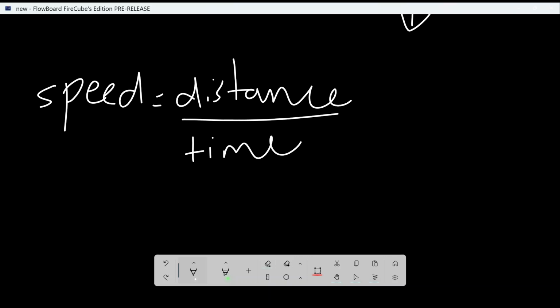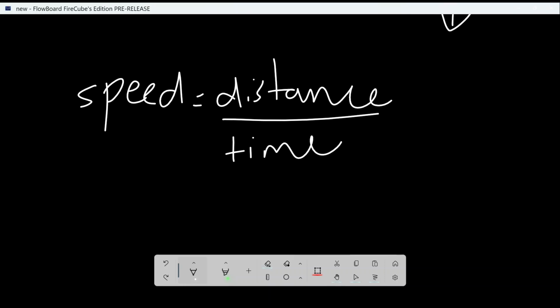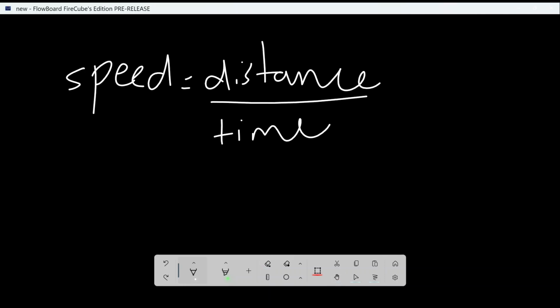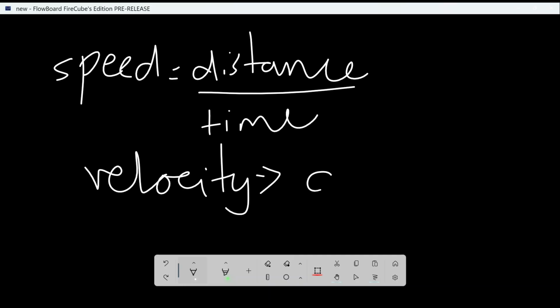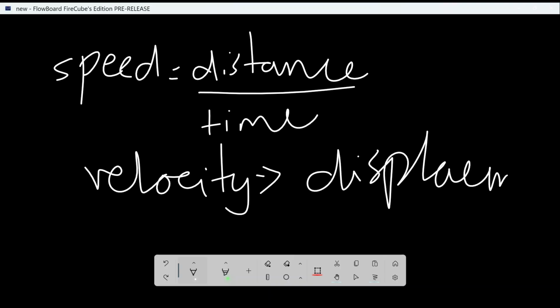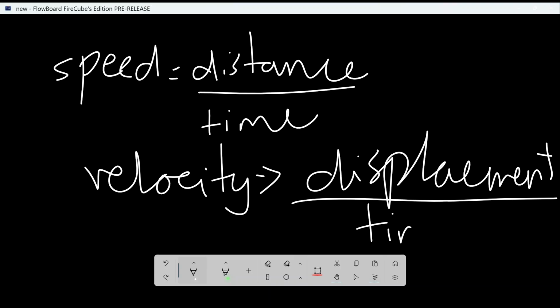Velocity will be displacement divided by time. That's it.